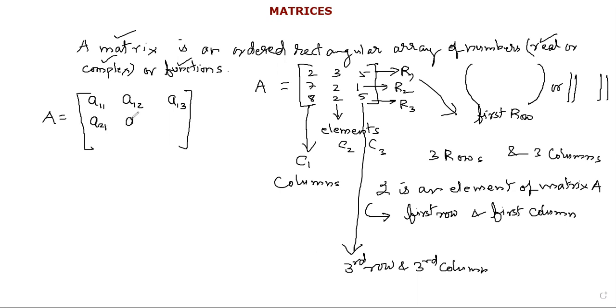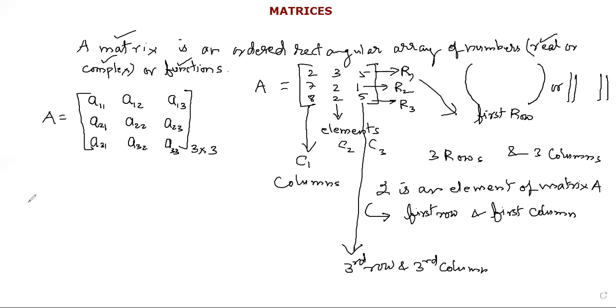A21, A22, and A23. That means second row, third column. Similarly, this element is denoted by A31, A32, and A33. Okay. So this matrix has how many rows? 3 rows and 3 columns.